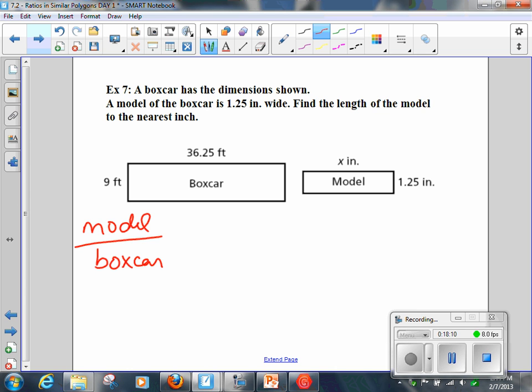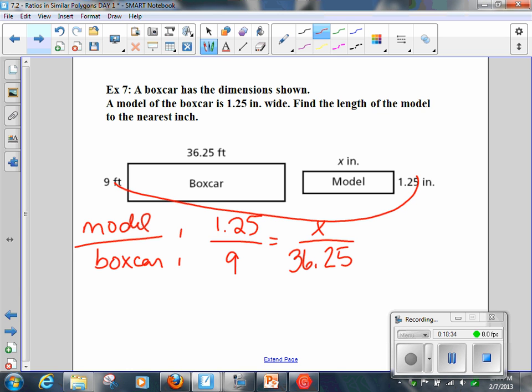If you set it up differently, don't erase anything. How did you set it up then? 1.25 over who? Good. Is equal to? All right, that'll work. Again, if you watch the movement, I'm going to have 1.25 over 9.